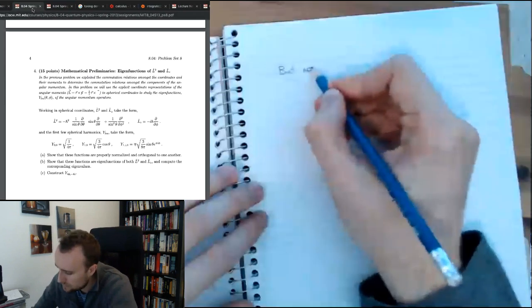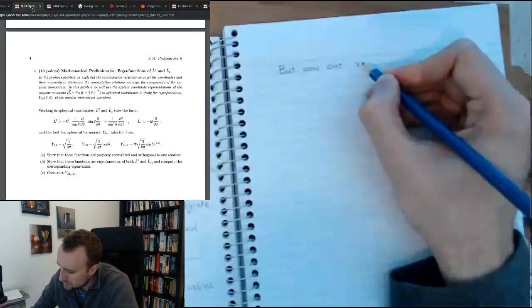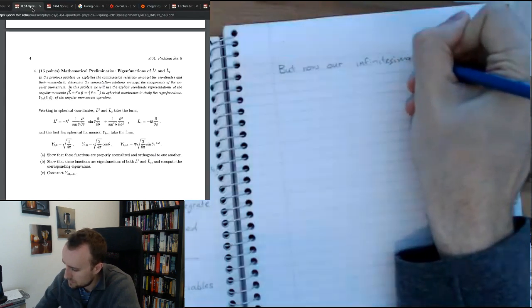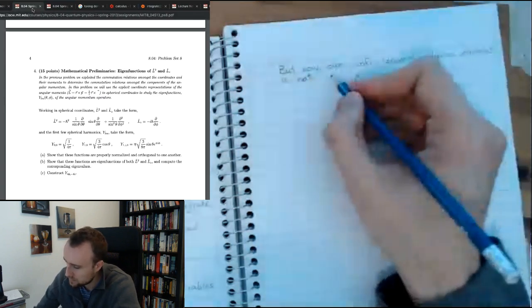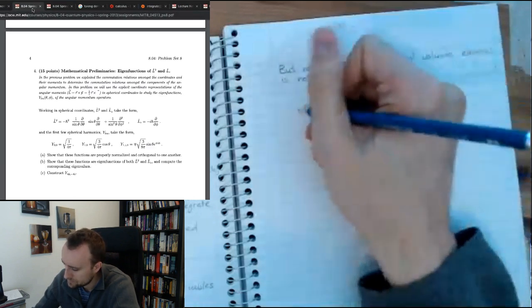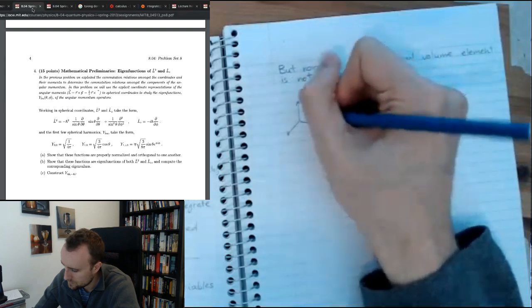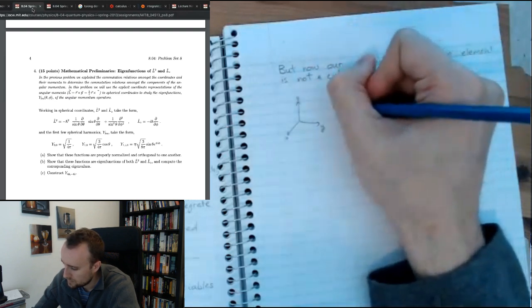But now our what's called infinitesimal volume is not a cube. This is x and y. Yeah.